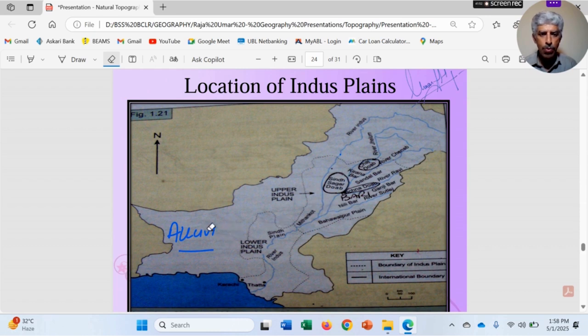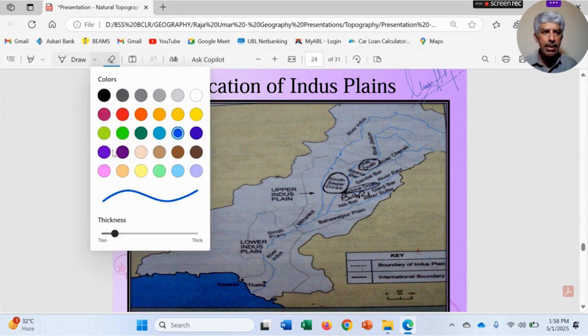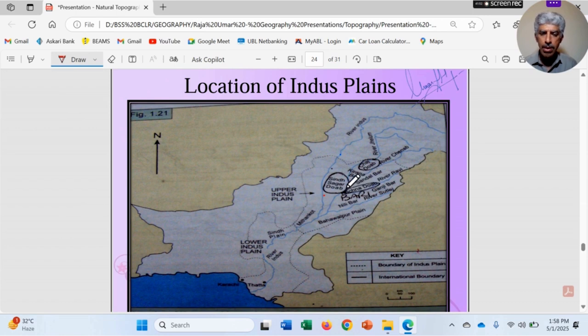Big cities are established over here, and agricultural lands are here, and the major settlements are here, and major industrialization is also here in this region. So it means that this area is making whole of Pakistan productive.